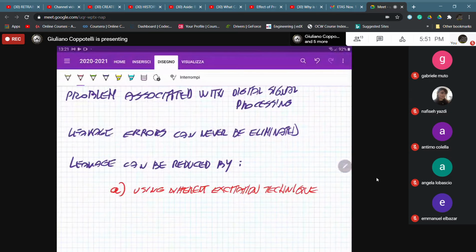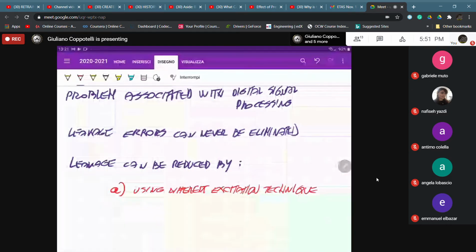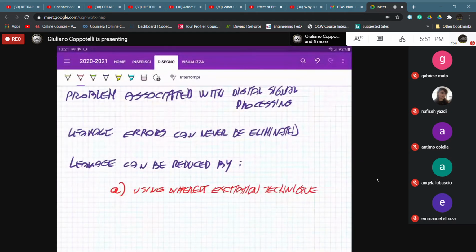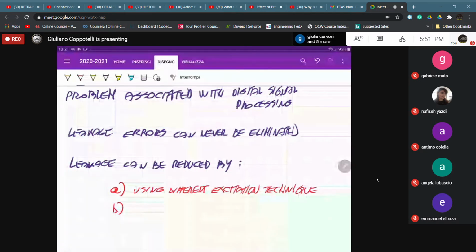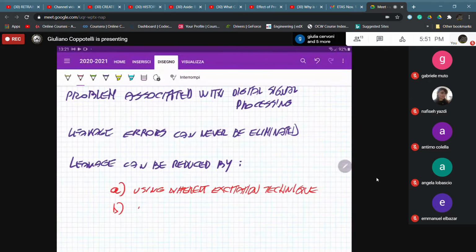For example, we can excite the structure so that your measured signal has the right periodicity. The other way is to try to increase the frequency resolution.